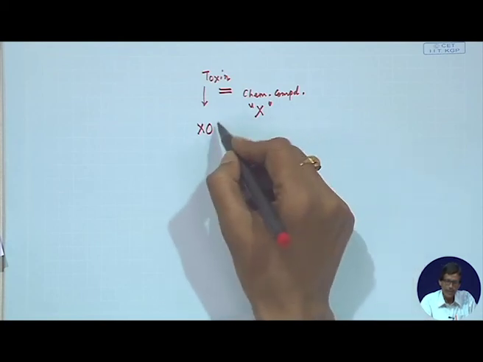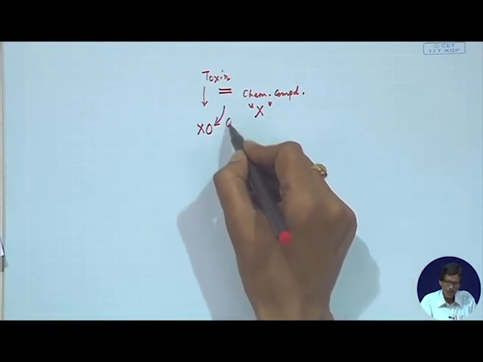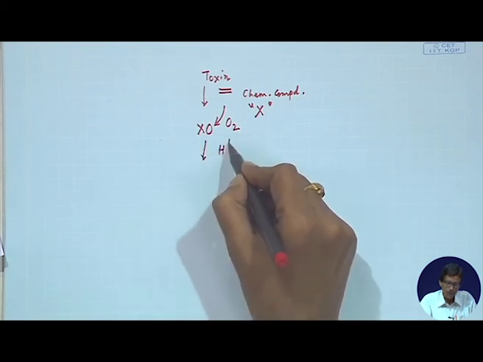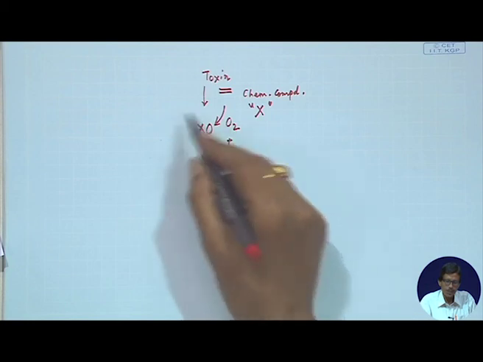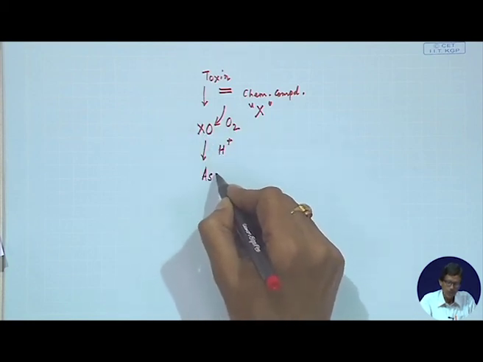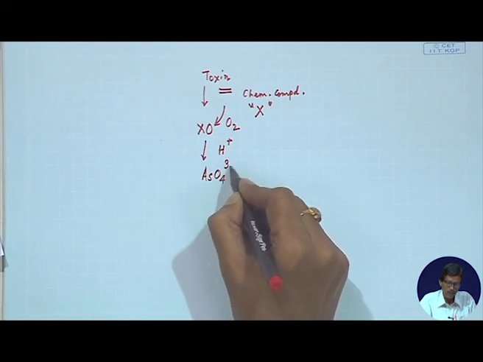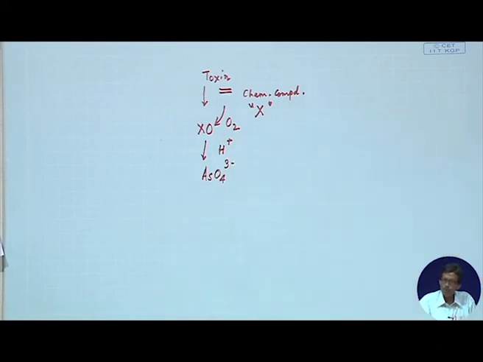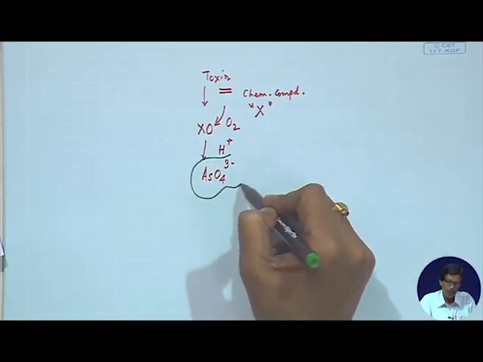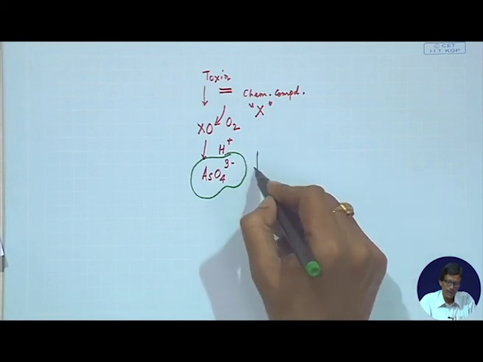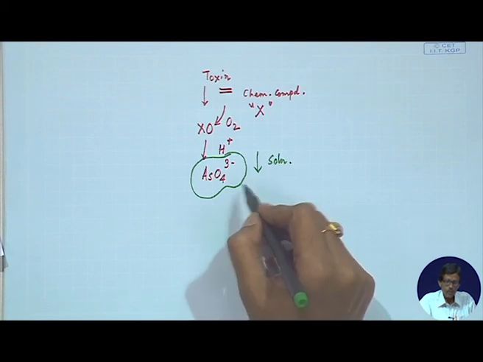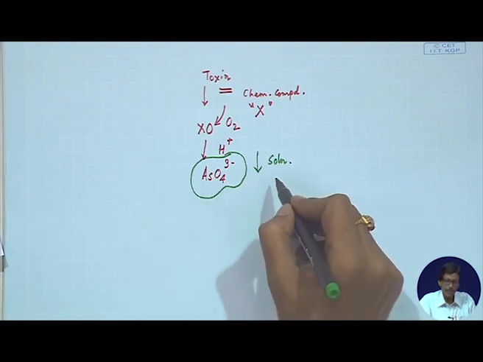Because we are heating in air, O2 is there, so the oxide forms, and we all know that if it is dissolved in acid, the corresponding oxo acids form, so we will have AsO4 3-. Our challenge now is how to analyze the arsenate formed in solution, which is very simple, but we will use a special technique for this.